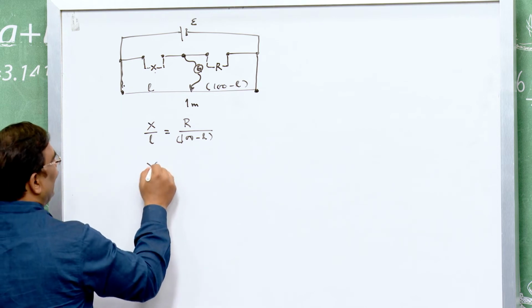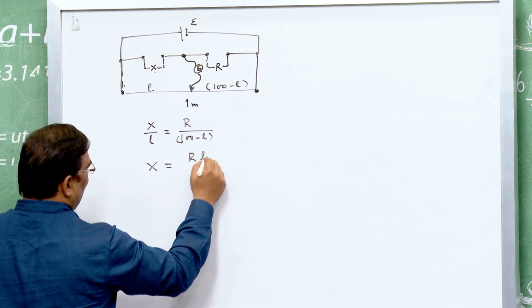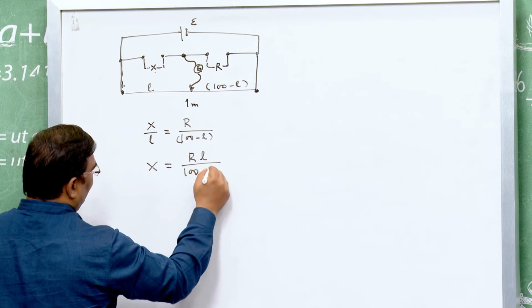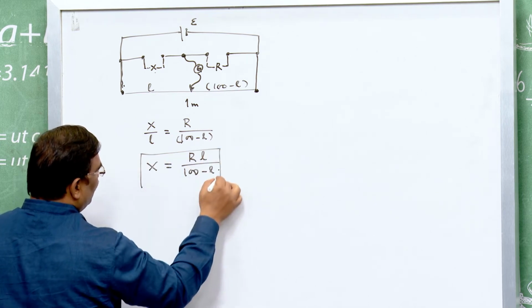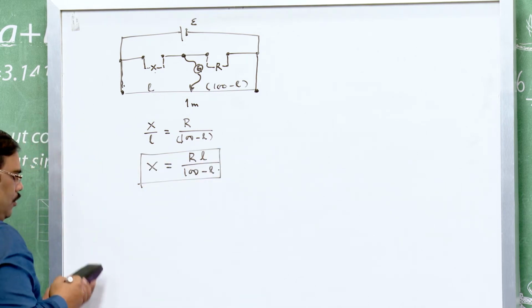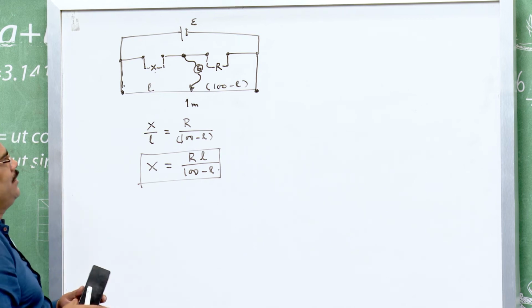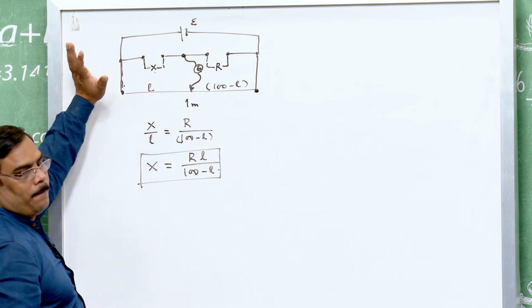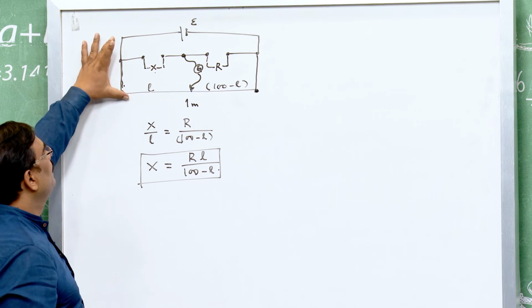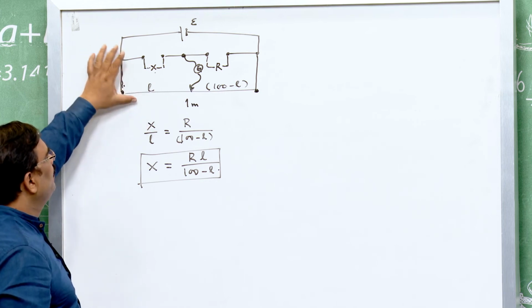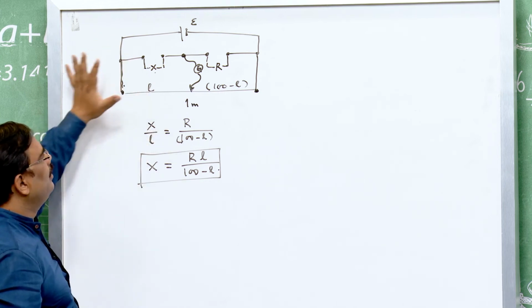So, the value of X can be calculated as R into L divided by 100 minus L. This is the way in which we use the meter bridge, which is actually the application of Wheatstone's bridge to find the unknown resistance.